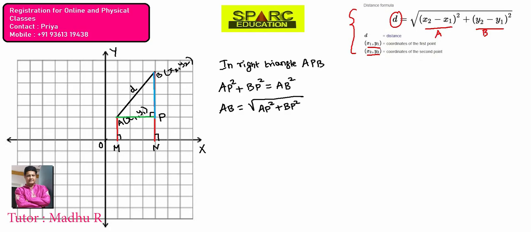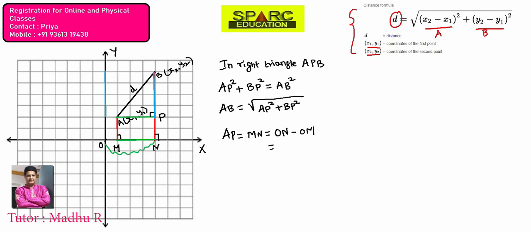Isn't the length AP same as the length MN? Likewise, isn't BP same as this blue length? The distance AP is same as the distance MN, which is nothing but ON minus OM. What is O to N?